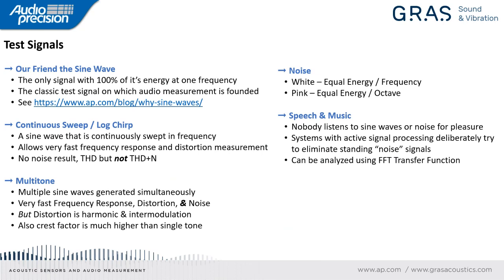Another test signal that's very common, especially in acoustic measurements today, is a continuous sweep or a log chirp, or sometimes you'll hear people call it a Farina sweep. This is a sine wave, but it's a sine wave whose frequency varies continuously with time. And I'll play samples of all of these in a moment.